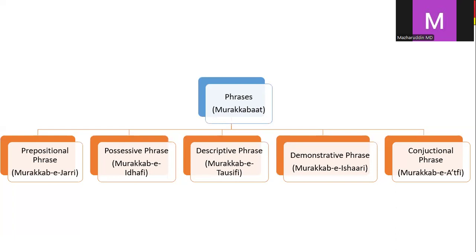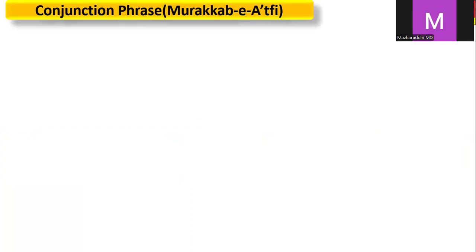As you know, prepositional phrase is a combination of preposition and noun. Possessive phrase is a combination of two nouns. Descriptive phrase is a combination of adjective and noun. Demonstrative phrase is a combination of demonstrative pronoun and noun. So let's understand.